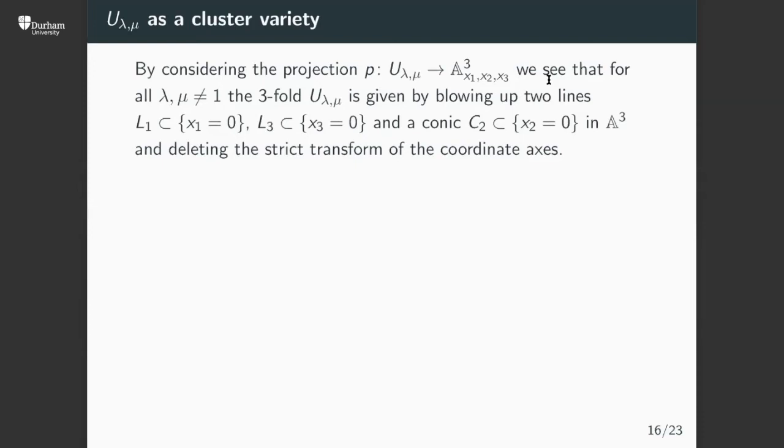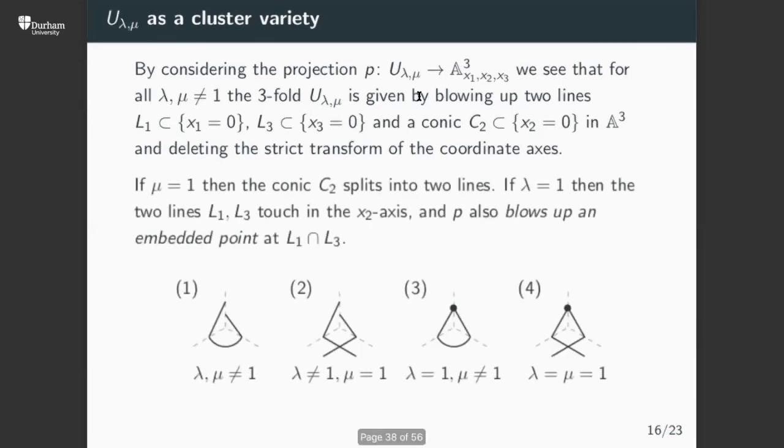But in this case, we have to blow up 3 lines in this space in order to get this 3-fold U lambda mu. So there are 2 lines, one in the hyperplane x1 equals 0, one in the hyperplane x3 equals 0, and we have to blow up a conic that lives in the hyperplane x2 equals 0 in order to understand what this variety U is.